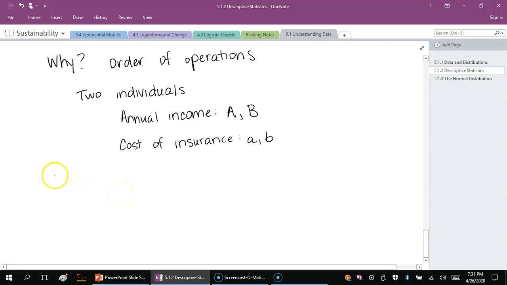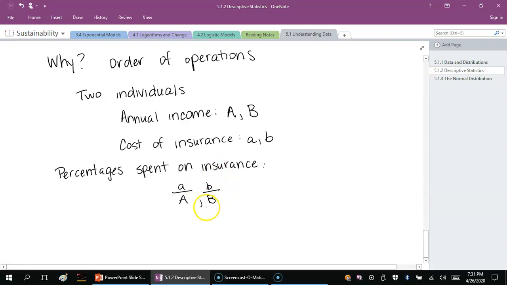So let's start with the percentages spent on insurance. For the first individual, this would be little a over big A. And for the second one, this would be little b over big B. And, if I wanted to write this as a percentage, I'd have to multiply by 100, but really these are the ratios that I'm looking at.